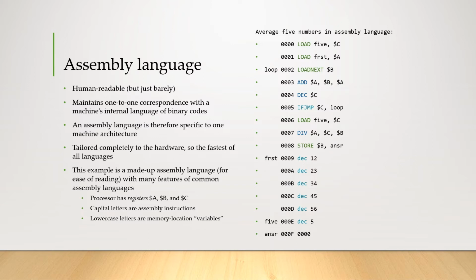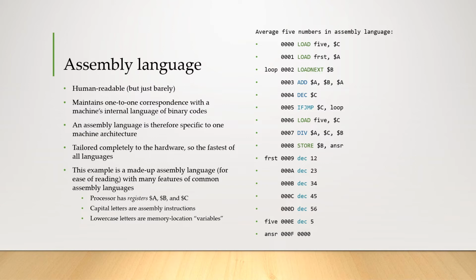Okay, we're going to pretend that this processor is a really simple one that has registers A, B, and C. So we're going to store 5 in C, and the first number we're trying to average we're going to store in A, and then we're going to load the next number in B. Then we're going to add A and B and store the result in A. We're going to decrement C. So this is very much like that pseudocode algorithm I just wrote, only it's not as easy to read.